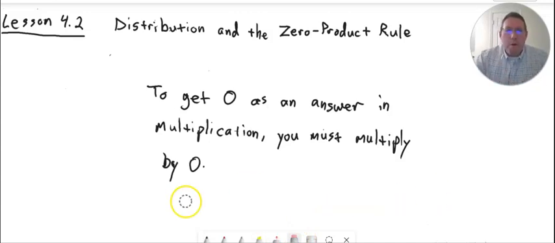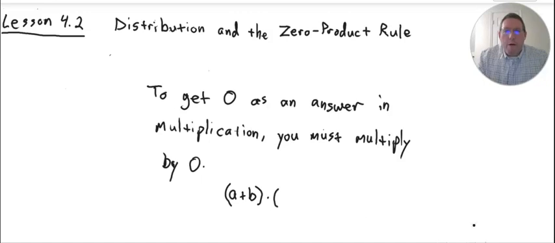What if I told you that we had some number that was made up of A plus B? That's a number, and I'm going to put parentheses around it. Then we had another number that was made by C plus D, okay? So this A plus B is a number, and C plus D is also a number.